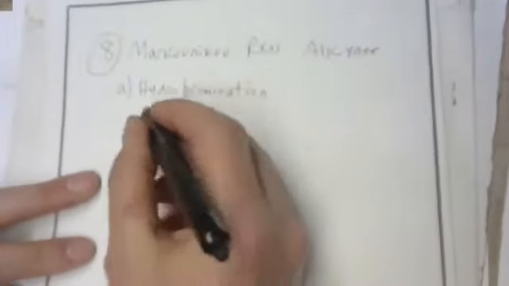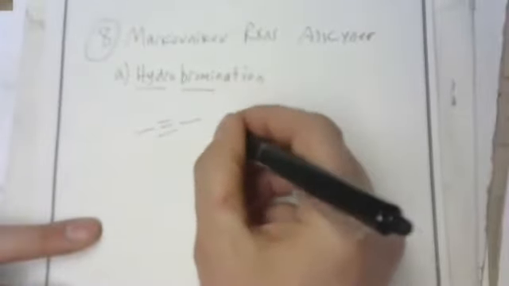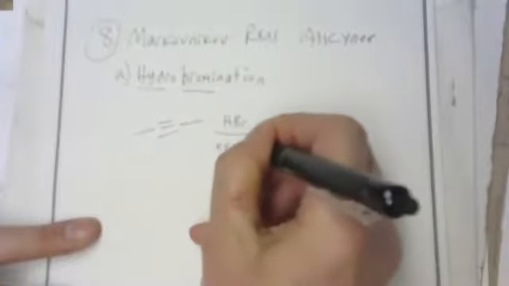Okay, so hydrobromination probably implies hydrogen bromide, right? Hydrobromination. So this is going to be considered a Markovnikov reaction. We're going to assume HBr excess.